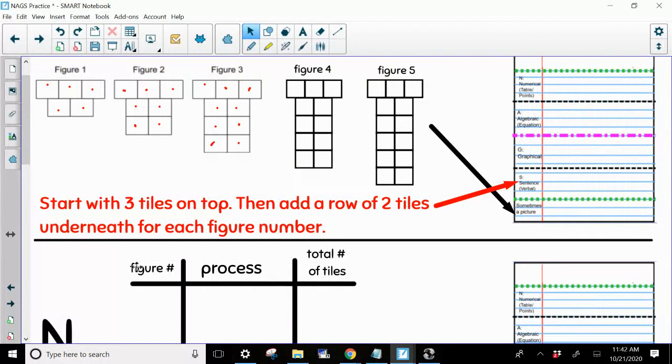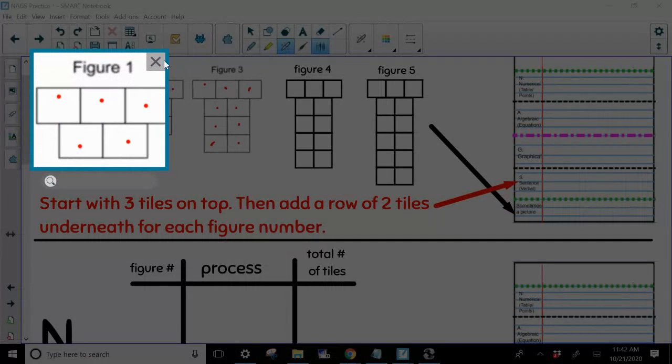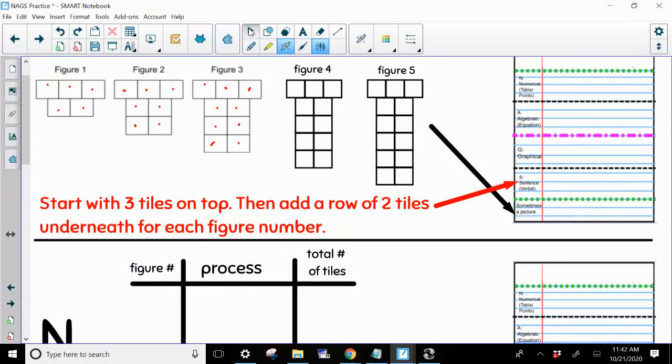So let's look at figure number 1. We'll write down here that we have figure number 1, and something that we have in common for our process is that we have 3 tiles, and you could see how they grow.